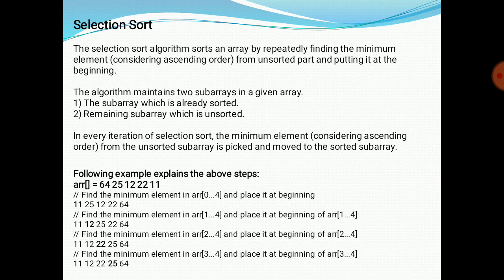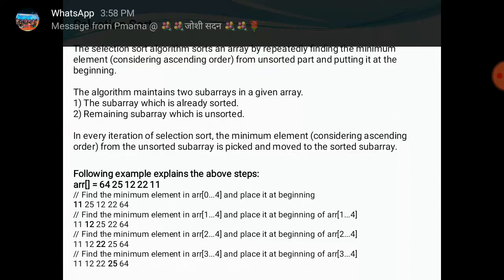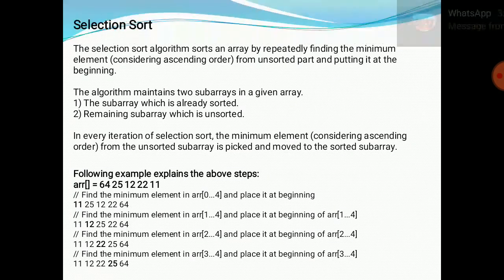So now the second element, that is 25, is swapped with the minimum index element 12 after the completion of the second pass. So now the array becomes 11, 12, 25, 22 and 64.